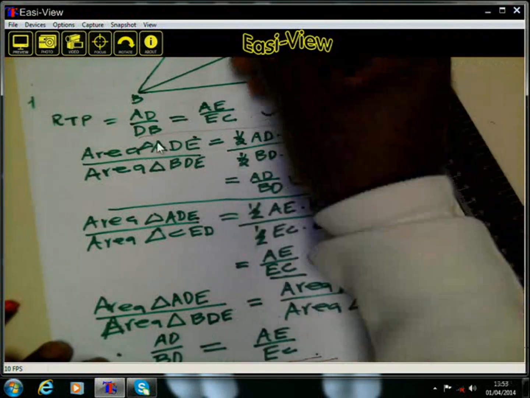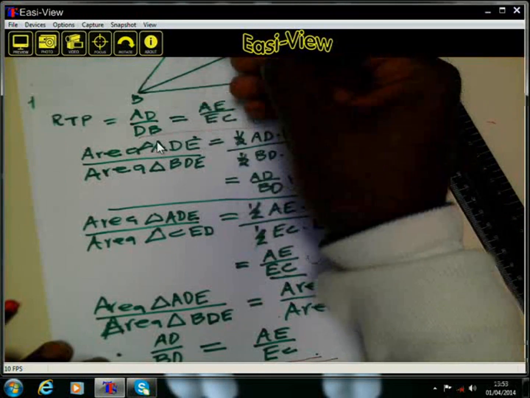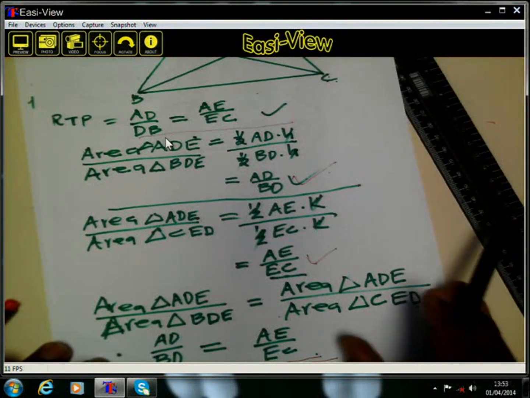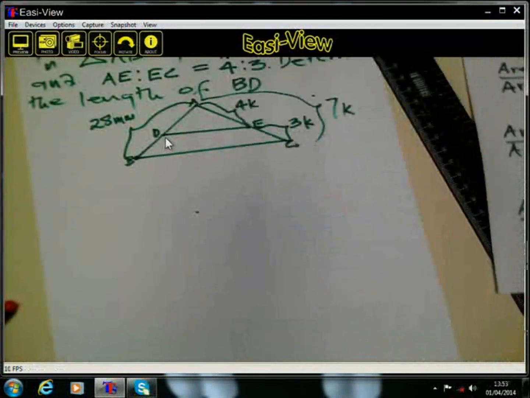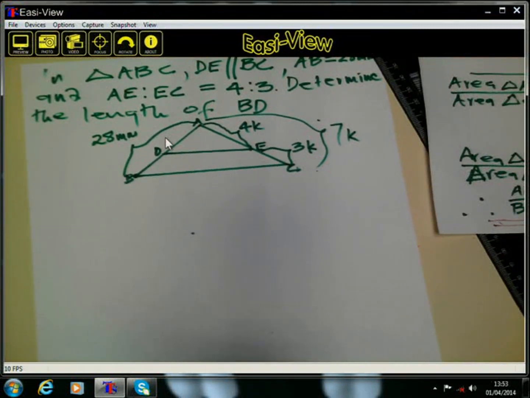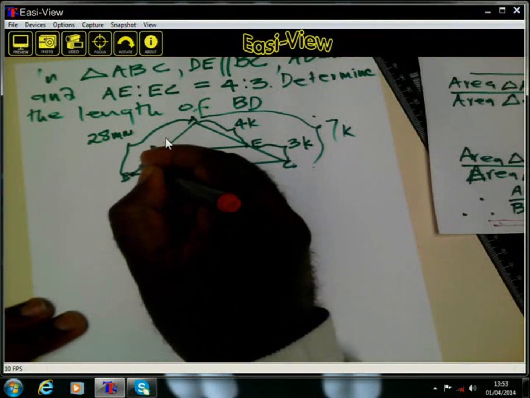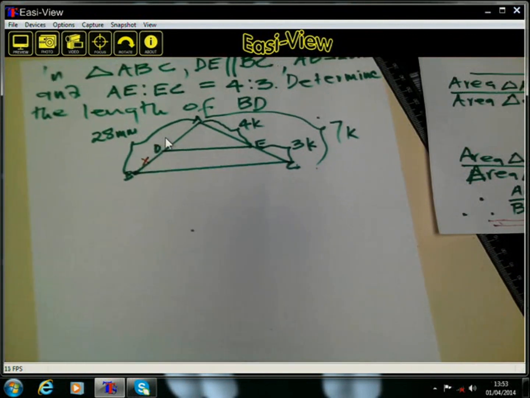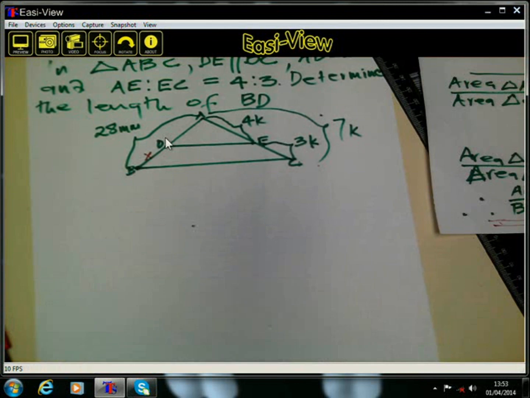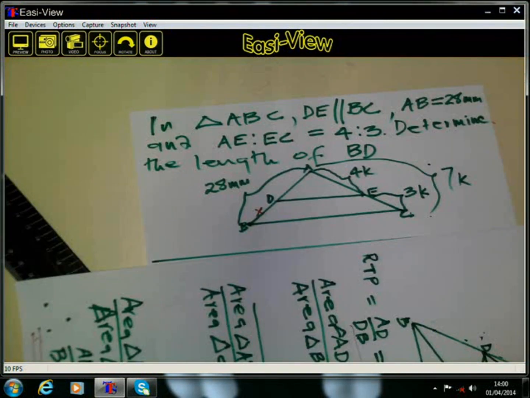Side AB over BD is equal to side AE over EC. That is what we have proved. Now we must use that knowledge to determine the length BD. I'm going to give you 5 minutes, learners, to go through this, and it's only a 2 marks question. Let's quickly do that. Take 5 minutes.